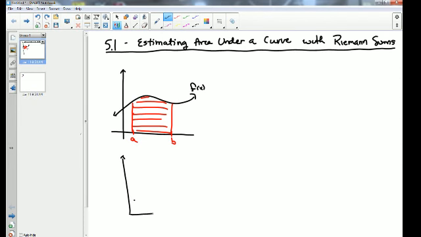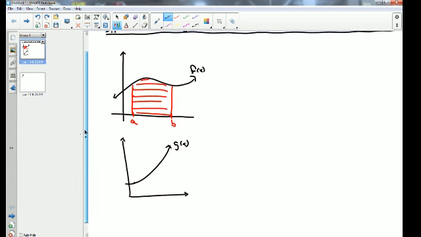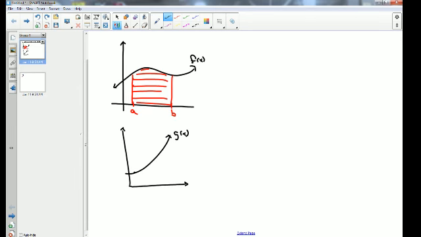So, just give you some function. An integral is going to give you an exact answer. We have to learn how to calculate those. We can estimate the area under this curve from A to B using rectangles or trapezoids. Those are our main shapes that we use.